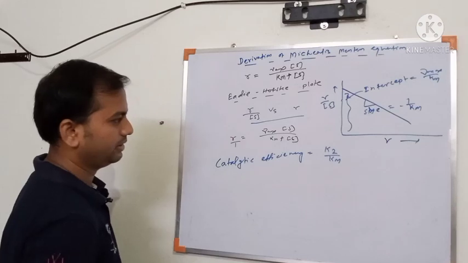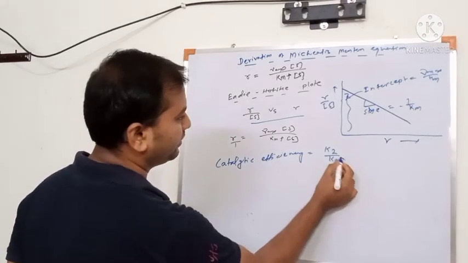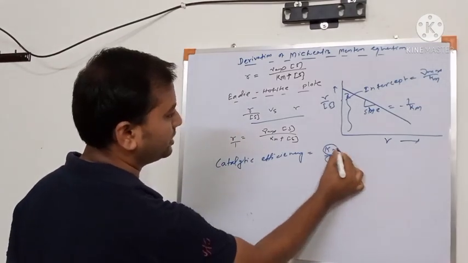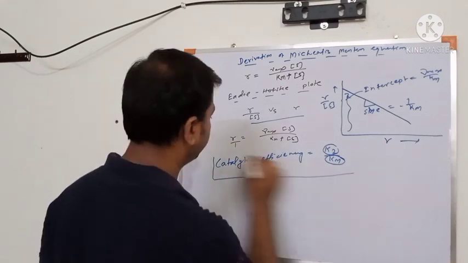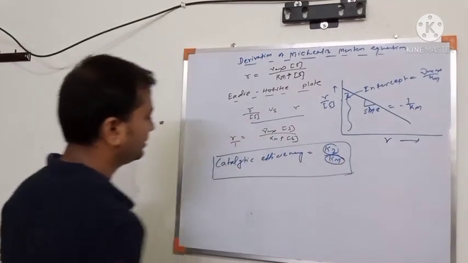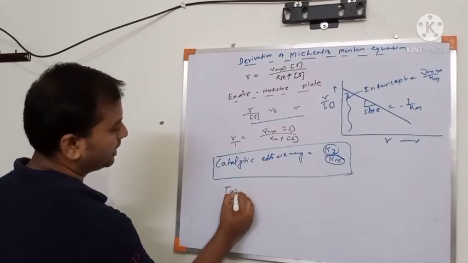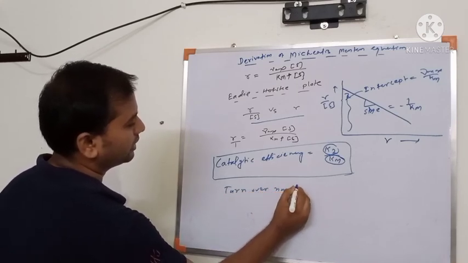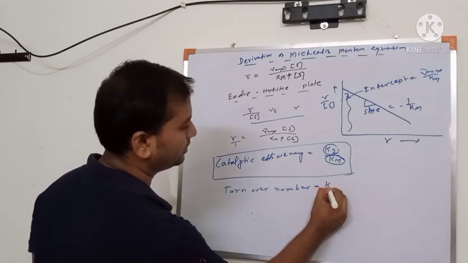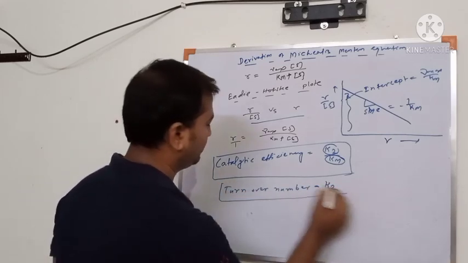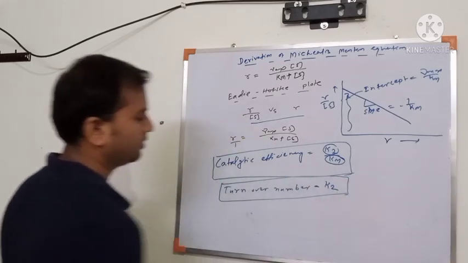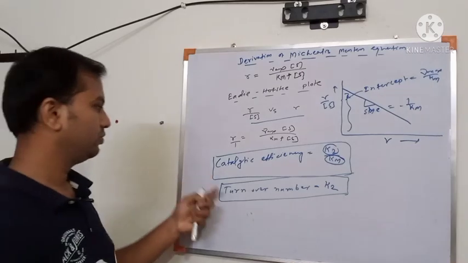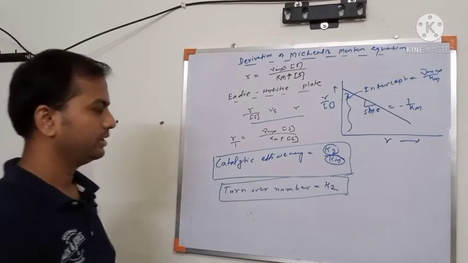Remember K2 by Km, where Km is the Michaelis-Menten constant and K2 is the decomposition rate constant. This is the equation, and turnover number equal to K2. These two are most important.